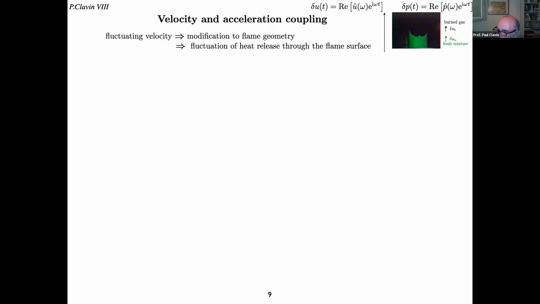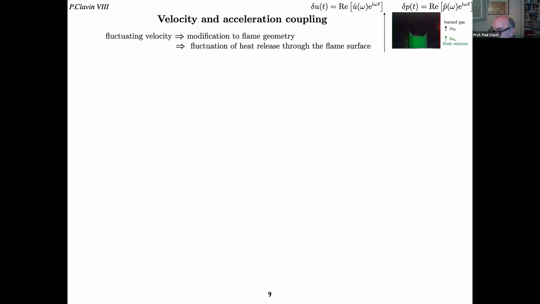Now you have to consider a flame brush, and a fluctuation of the velocity field modifies the flame geometry. So it modifies the flame surface, and this modification of the flame surface is going to modify the quantity of heat which is released, because the quantity of heat released per unit time depends on the flame surface.